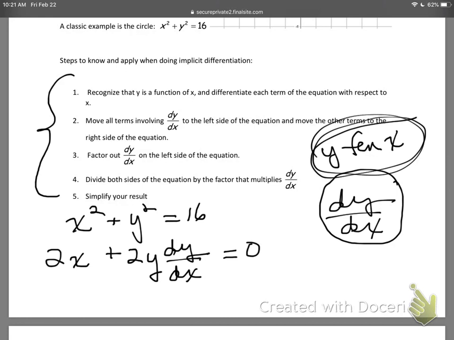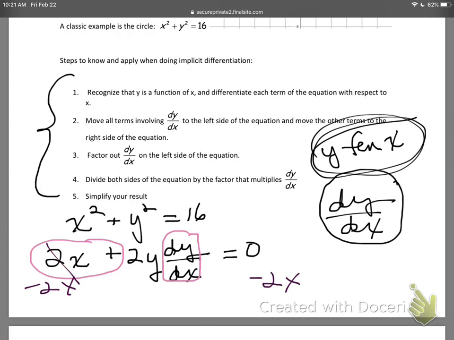Okay, our goal is to get dy dx, which is right here. We want to get this by itself. So the first thing I'm going to do is undo this addition. I undo that addition by subtraction. So I'm going to subtract 2x from both sides. That's gone there, and it's over there instead.